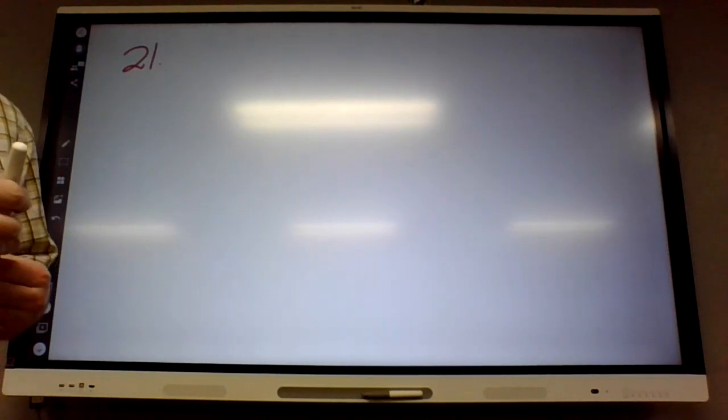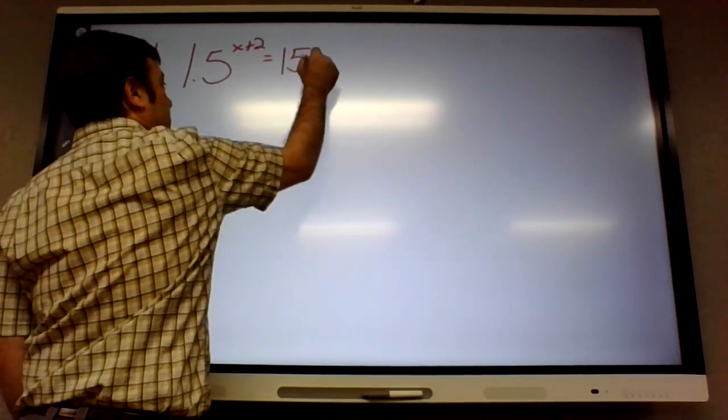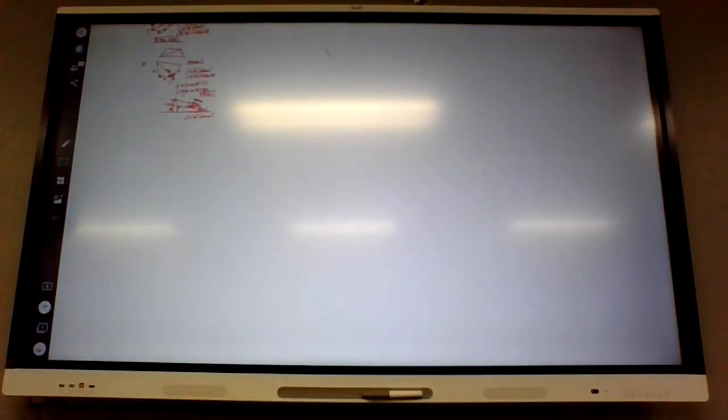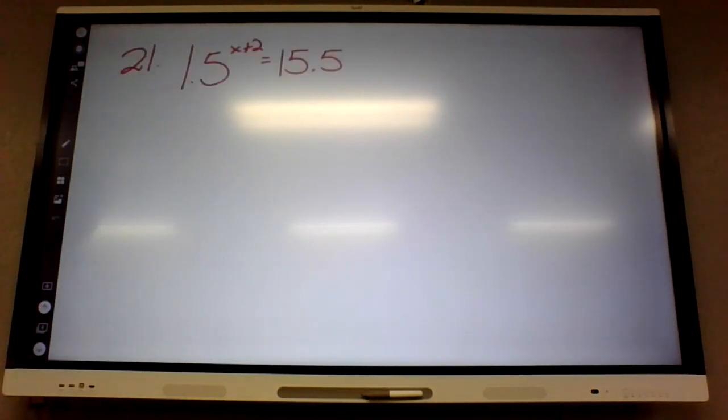Yep. Okay, 1.5 to the x plus 2 equals 15.5. Alright, oh boy. Is my sleeve touching this or something? Shannon, what will this turn into, do you know?